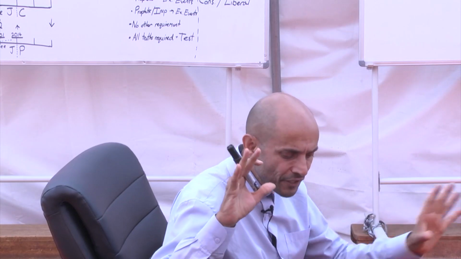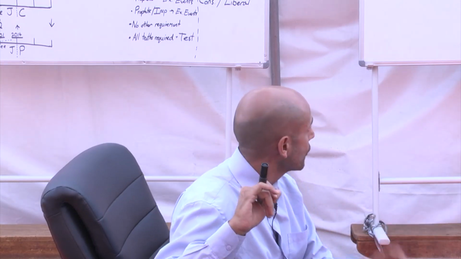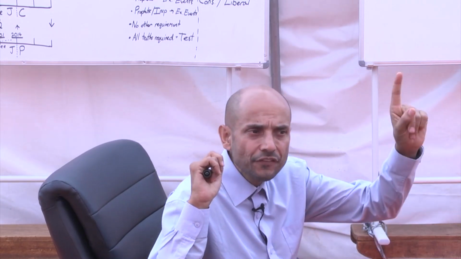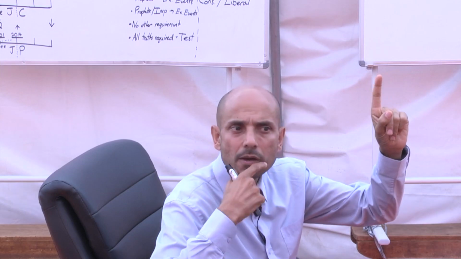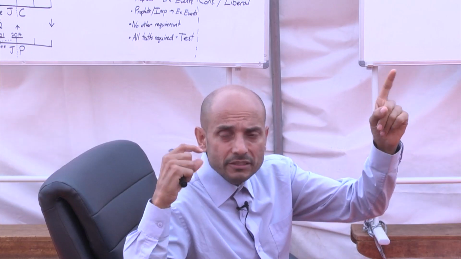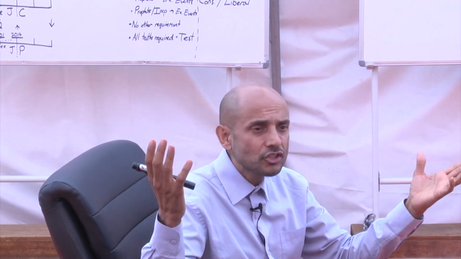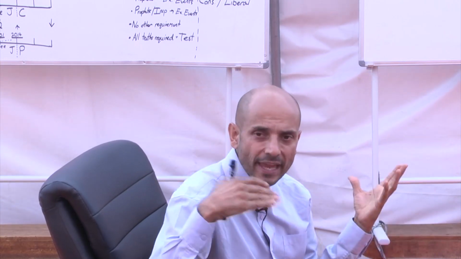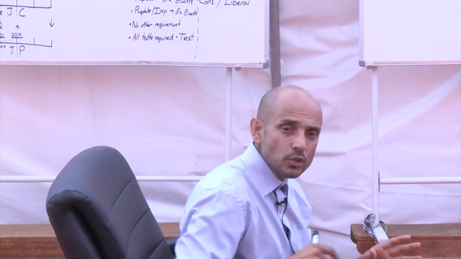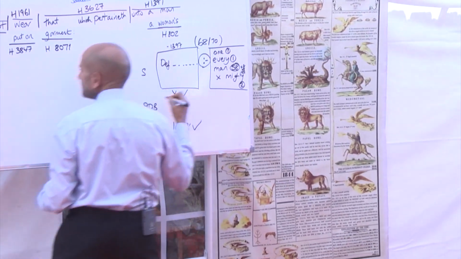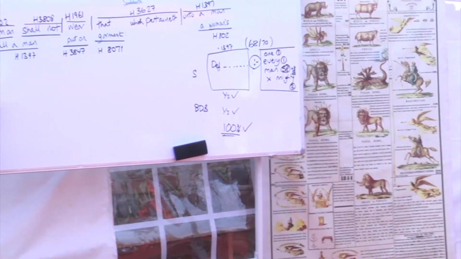So you've got two definitions for 1397. What are the two definitions? Definition one is? Warrior. Definition two? Just a person. Okay, so you've got two definitions. So you need to understand, in the context of this verse, which one do you want to go for? So we've got 1397.